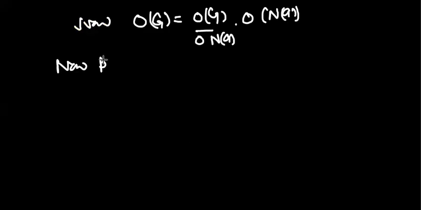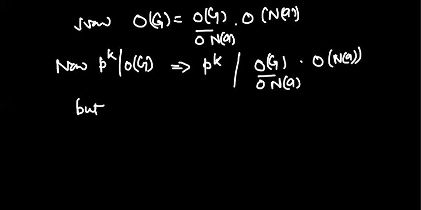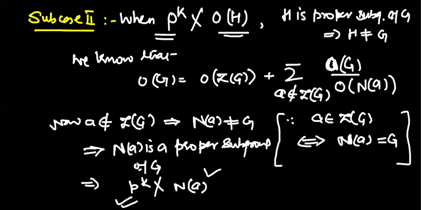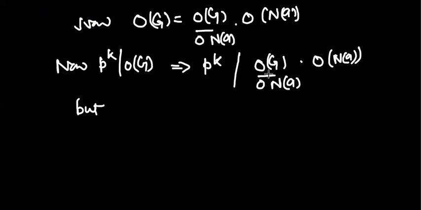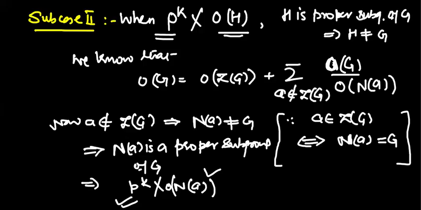Now p^k divides the order of G. It implies p^k divides the order of G divided by the order of N(a), since we just showed p^k does not divide the order of N(a). So this implies p^k divides the index of N(a) in G. Let it be equation 1.